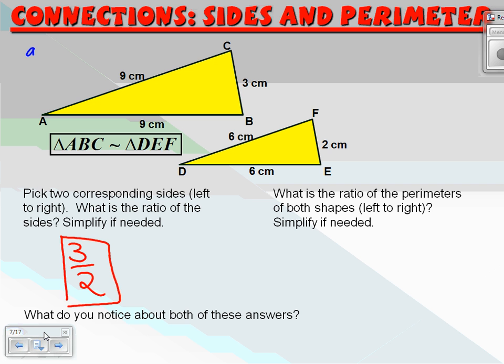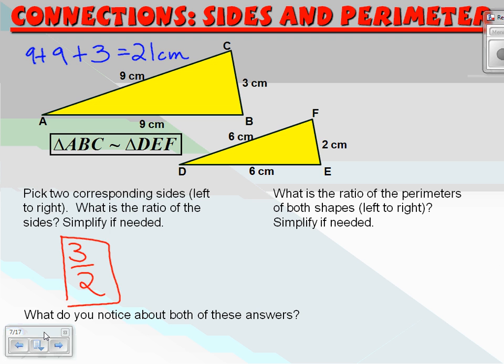So let's find the perimeter of the left-hand shape. That's 9 plus 9 plus 3. 9 plus 9 is 18, plus 3 is 21. So the perimeter of the left-hand shape is 21 centimeters. Let's figure out the perimeter of the right-hand shape.